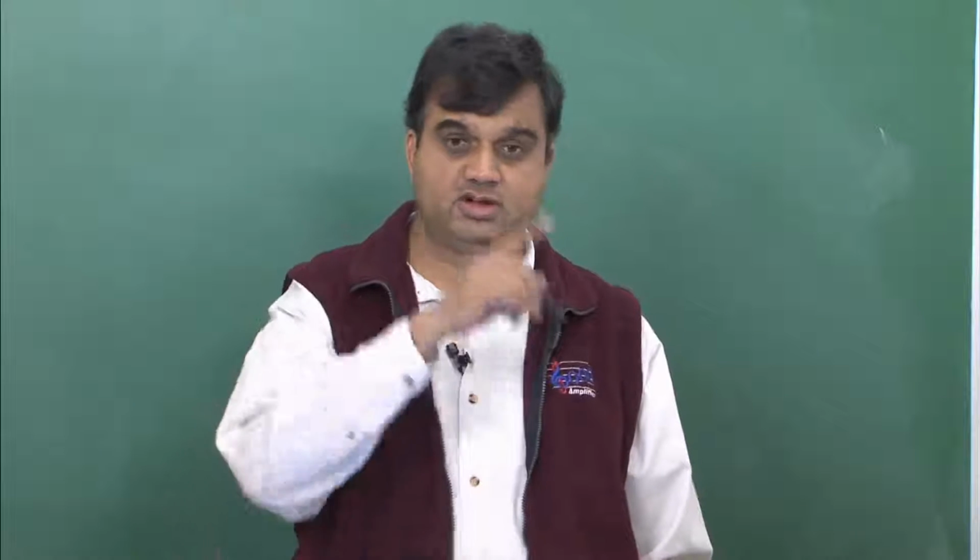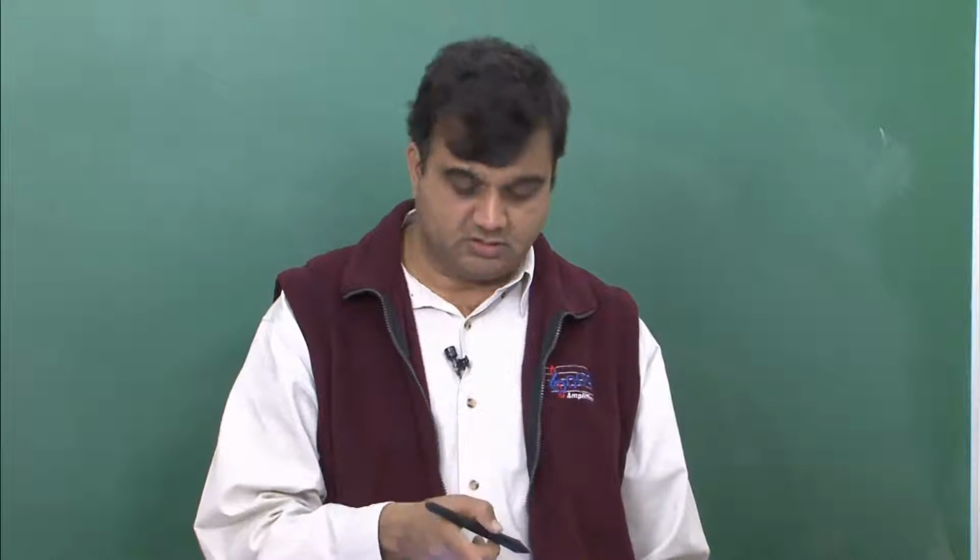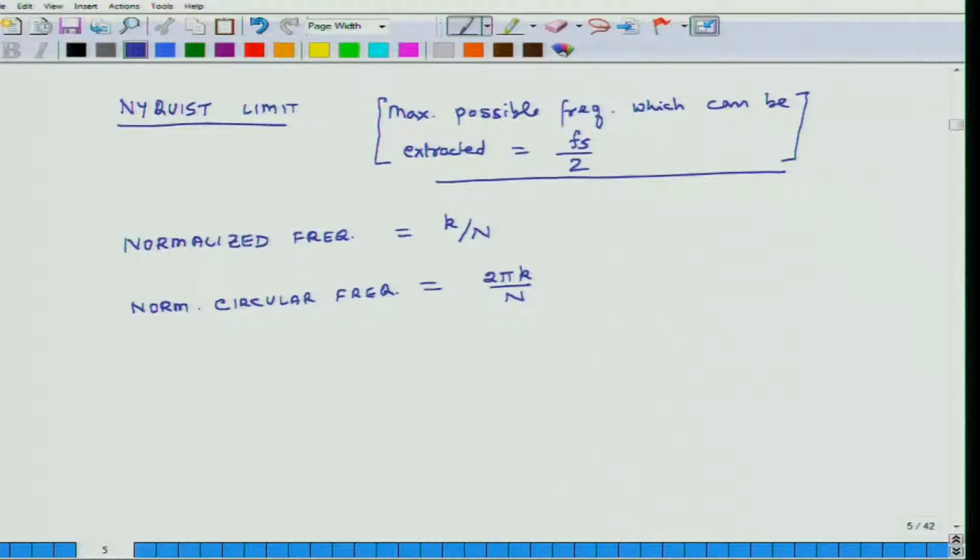And if you want to do it in angular velocity terms or circular frequency terms, you multiply it by 2 pi. So, this will be hertz, this will be radians per second. Actually, I will not call it hertz or radians per second, because this is a unitless entity.